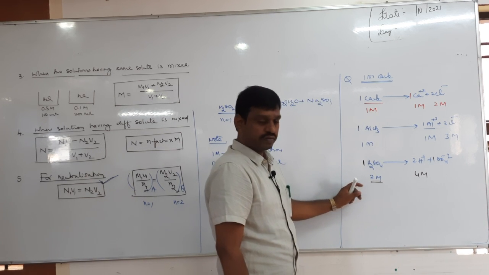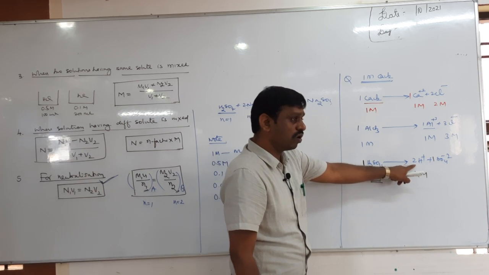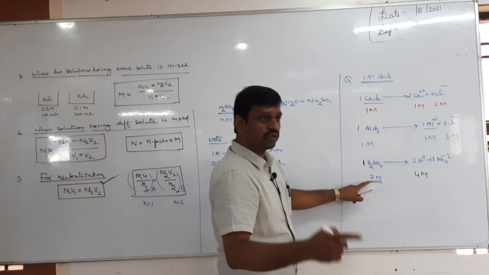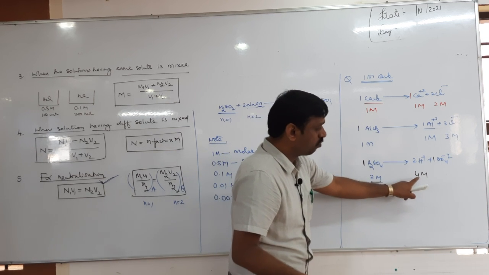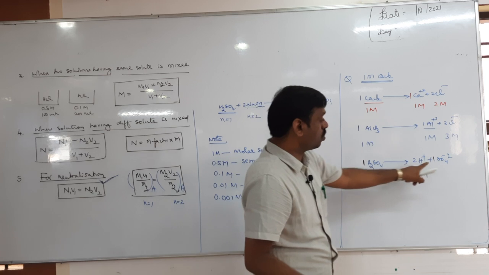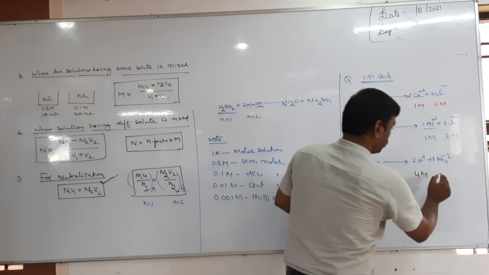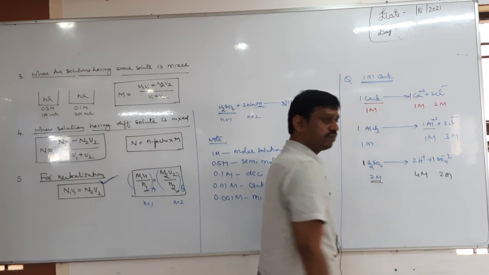Do you understand? 1 mole equals 2 mole. It is actually 2 molar means 2 mole. 2 mole equals 4 mole. 1 mole equals 1 mole. 2 mole equals 2 mole, which means 2 molar.